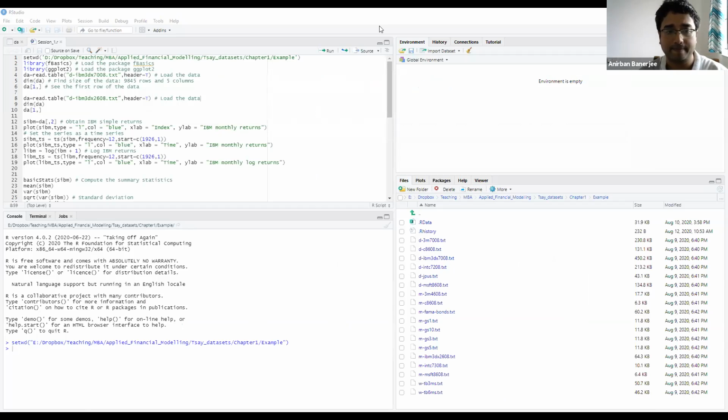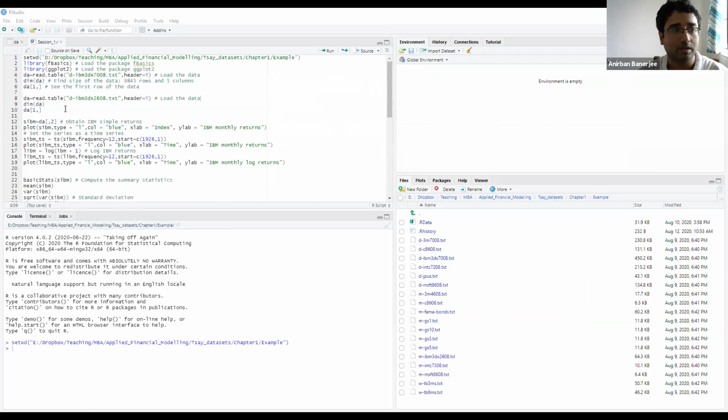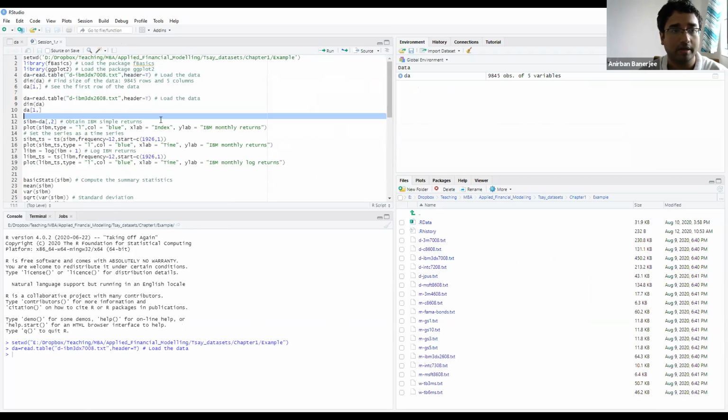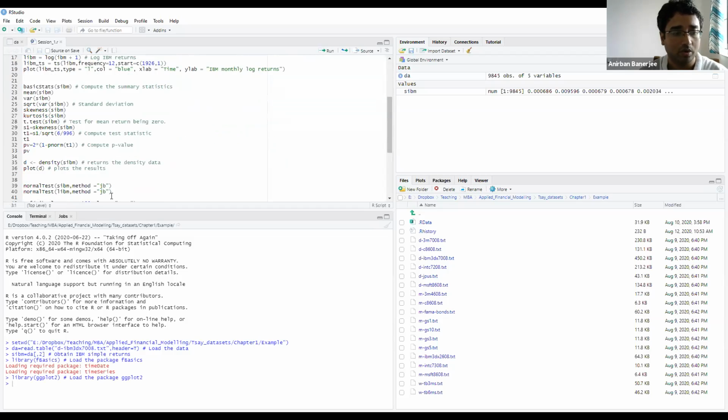Possibly I still have to read a few of these data files, so let me read the data and store it in SIBM. Possibly still need the libraries fBasics and ggplot2.